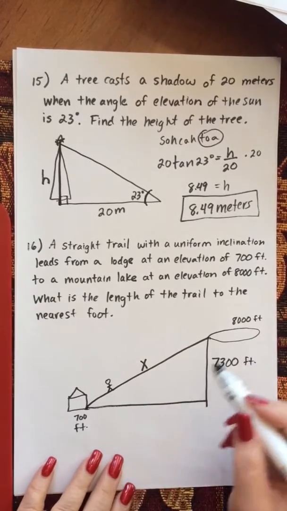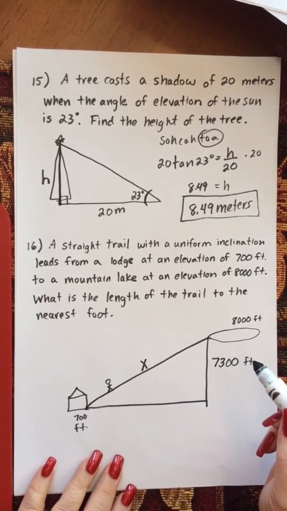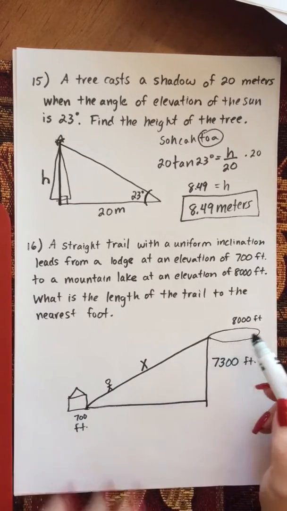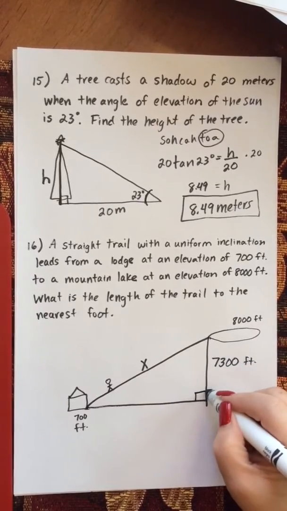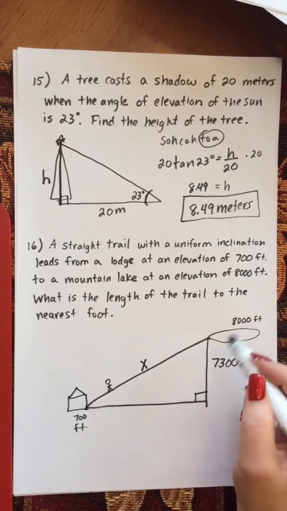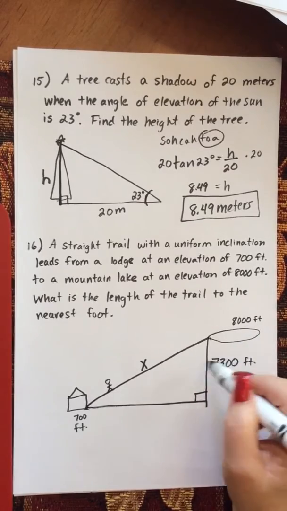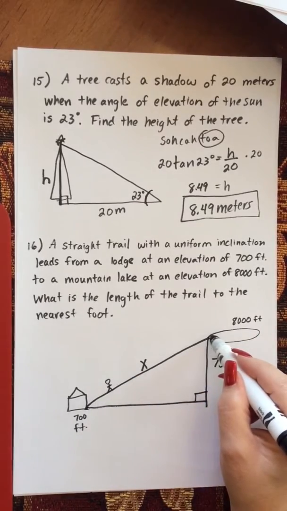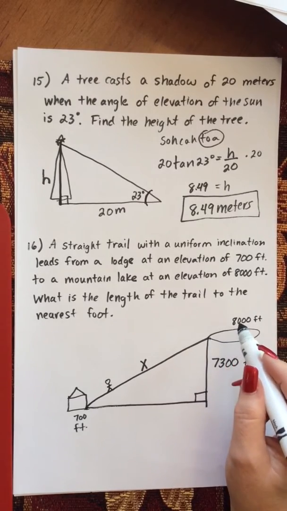They ask me, what is the length of the trail? All right, so this is the right angle, and I'm trying to figure out how long this side is right here. What else do we know? What's the length of the trail?